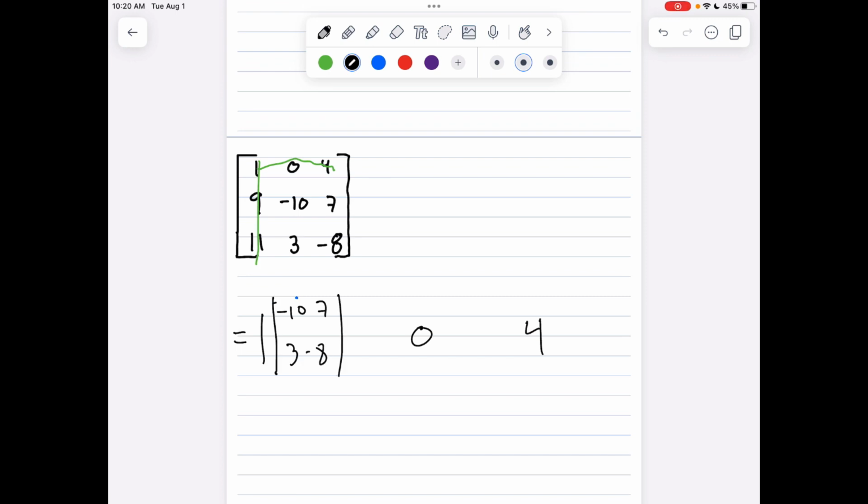Then I'm going to move to the next number, which is 0, and do the same thing. I block the row and column 0 is in, and make another 2 by 2 determinant: 9, 7, 11, minus 8.